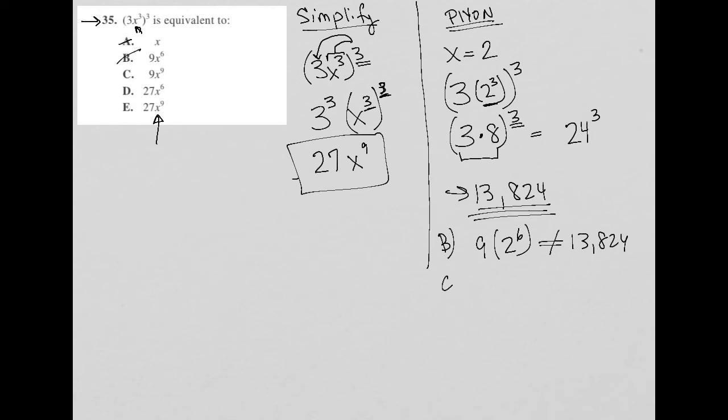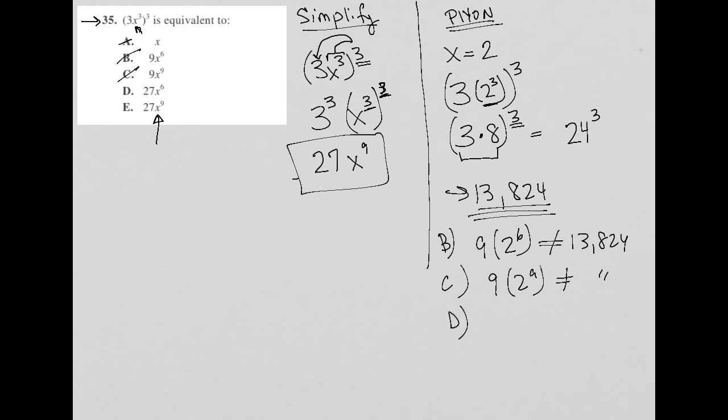And then for C, it's the same thing, but it's a 2 to the 9th power now. So we go back to our calculator. 2 to the 9th, I'm getting 512. You multiply that by 9, you get 4,608. So again, that's not 13,824. And we just work our way down, basically.